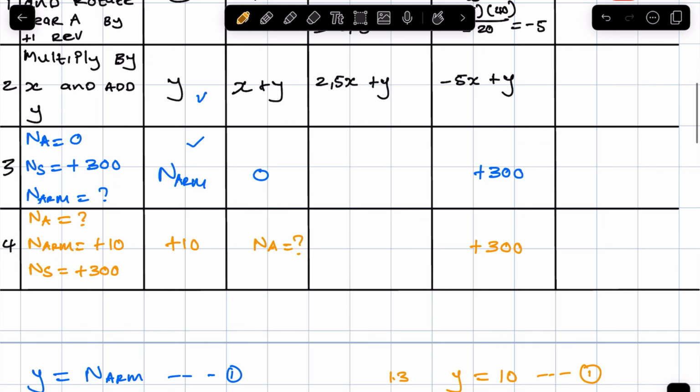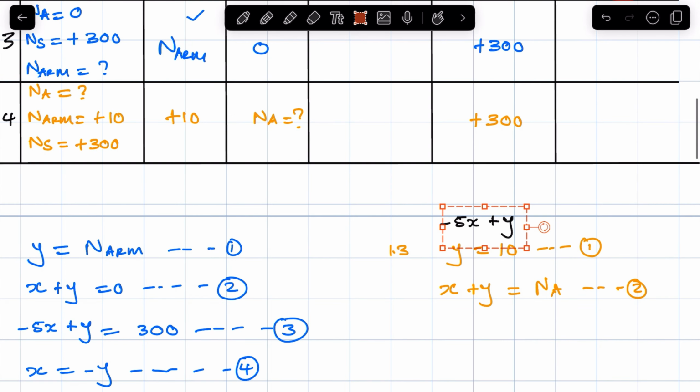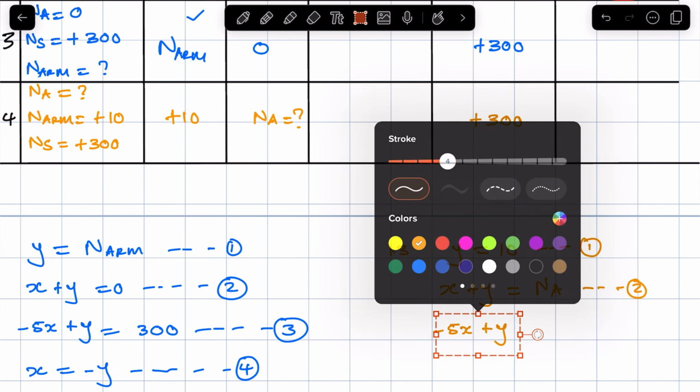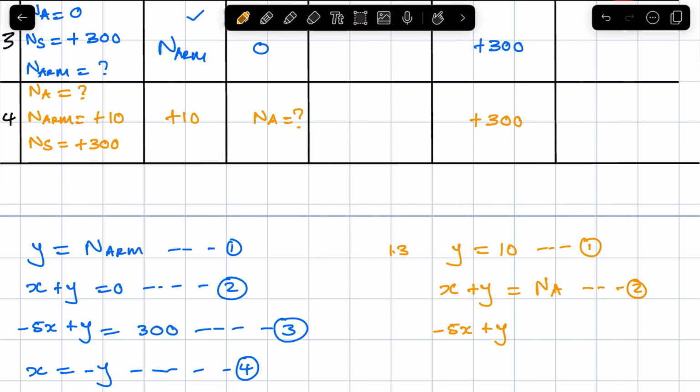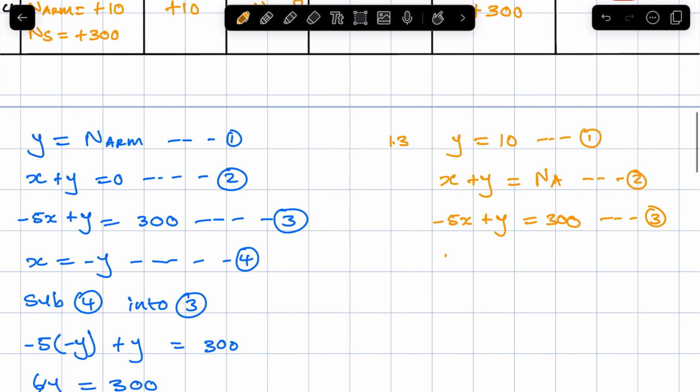Then negative 5 times y is equal to 300. Take this as a third equation, right? Now in order for us to get NA, we have to have the value of x as well as the value of y. We already have y, so now we just need to get x by substituting.